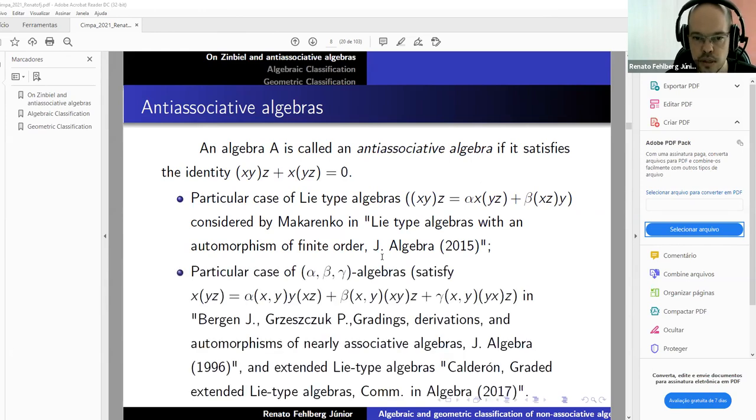They are also a particular case of alpha, beta, gamma algebras, and also a particular case of extended Lie-type algebras.